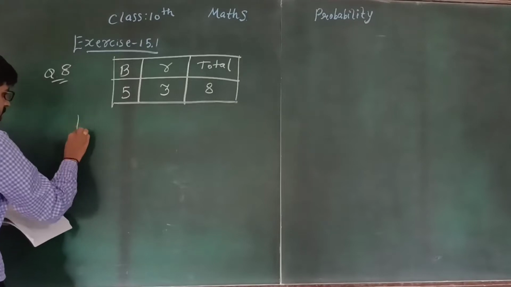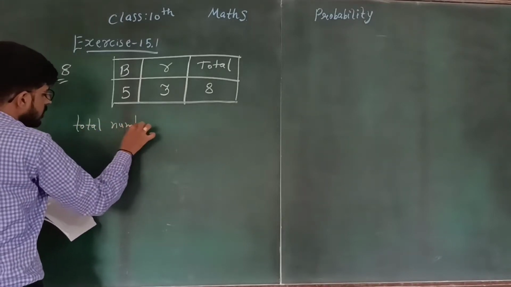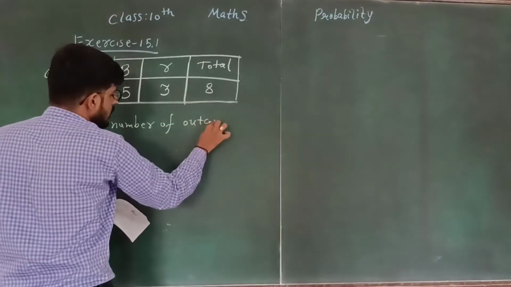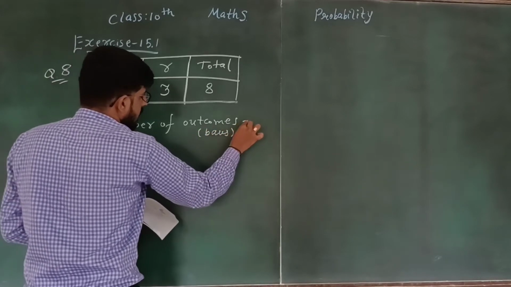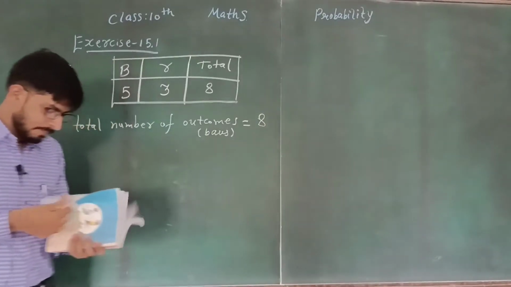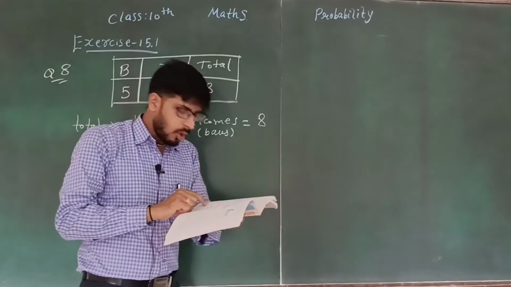So we can write total number of outcomes or total number of balls is equal to 8. Is it clear?